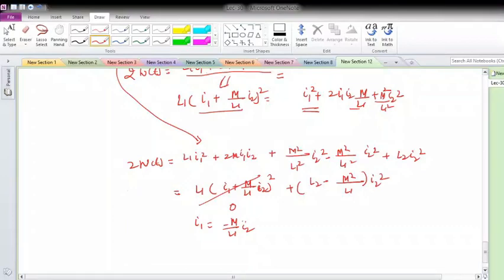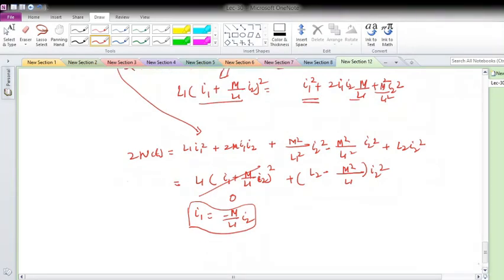If this is the condition, then the energy stored, 2 into W of t, will be equal to L1 L2 minus M square upon L1, which is what I am interested in, into I2 square.